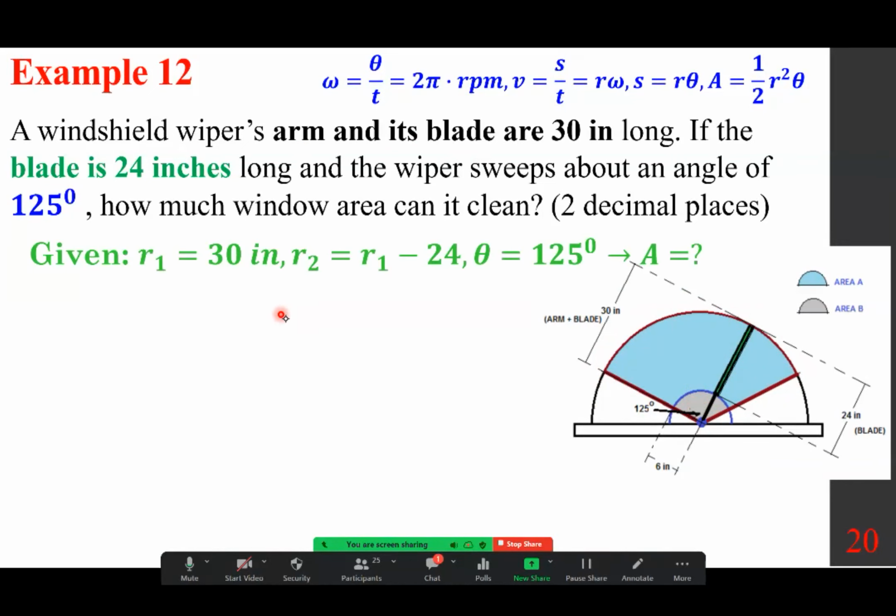So R1 is 30 inches, meaning the whole thing, arm and the blade, is 30 inches. That's the R. The blade is 24, everybody. This is 24. This is 24.